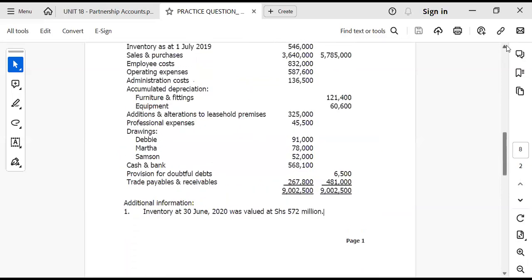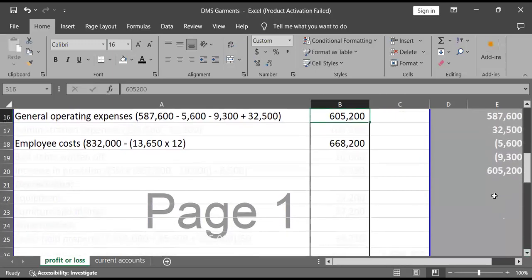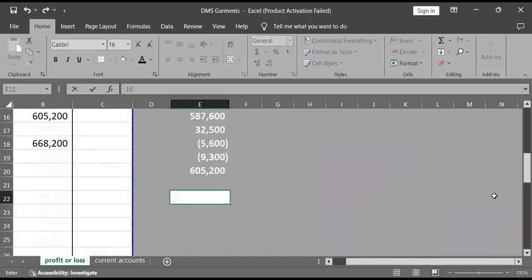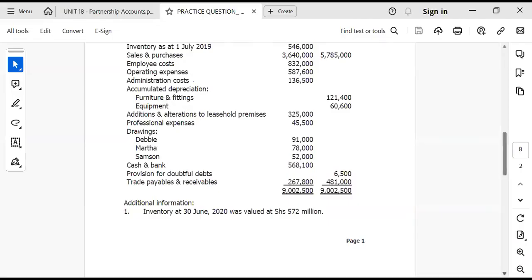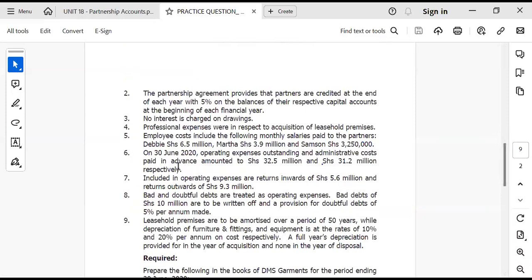How much was my original administration cost? 136,500. I'm going to come here to my notes, get my 136,500, and see what the note was telling me. For general expenses, do I have any adjustments to do with general expenses?